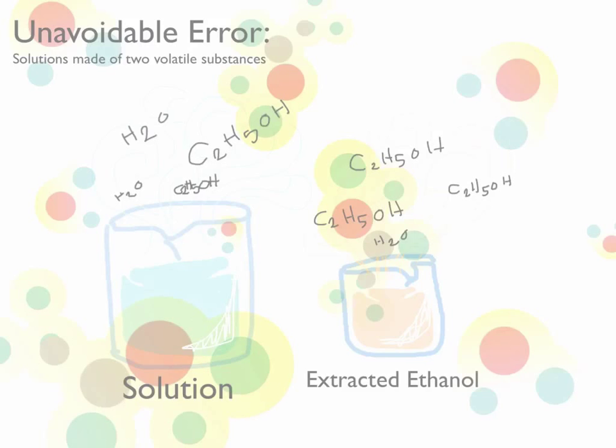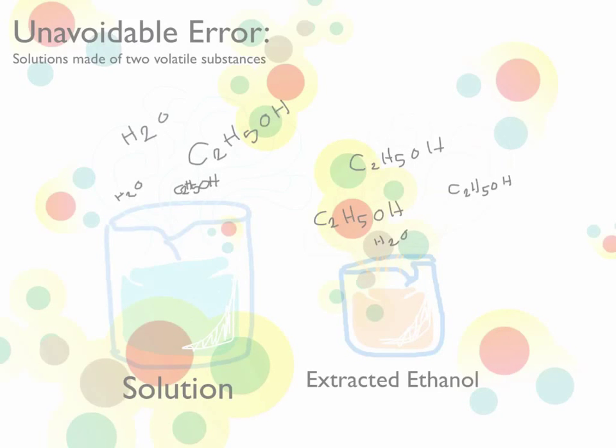However, ethanol will make up most of the vapor because it is a more volatile molecule of them both. So as distillation is carried out, the majority of the molecules that are being extracted is ethanol. But it's important to note that water will also make it into the distillate.